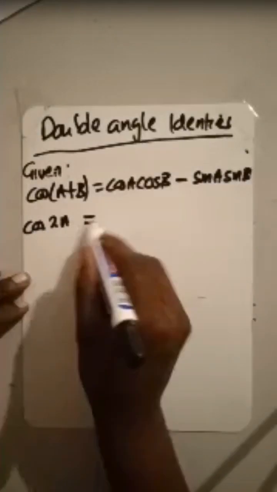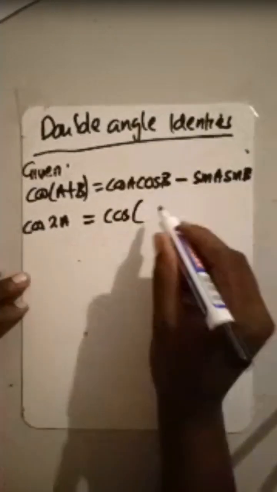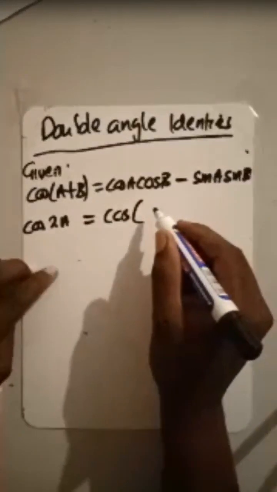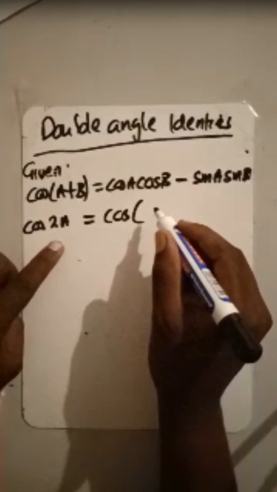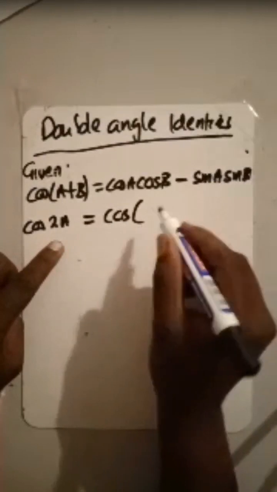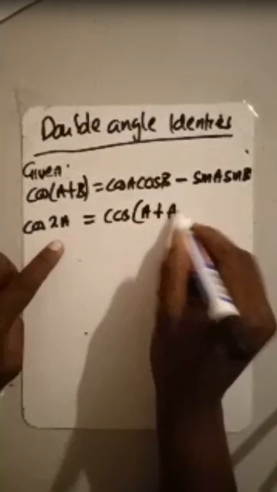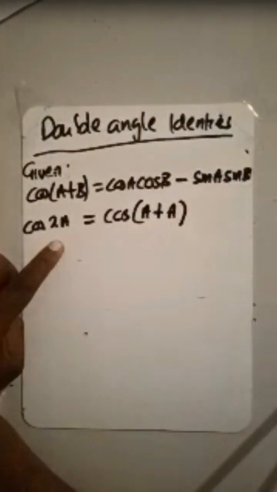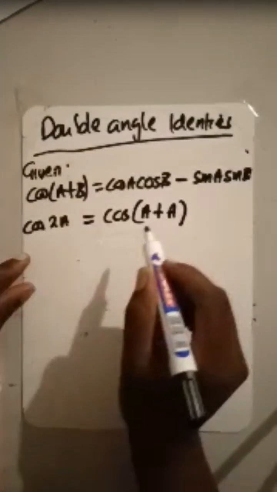So it is important, guys, to know that cos 2A is the same as cos. Who wants to tell me? How do we write it as a compound angle? Cos 2A is the same as cos. Anyone, guys? A plus A. Right? That's it. So, is this okay? Are we covered, guys?